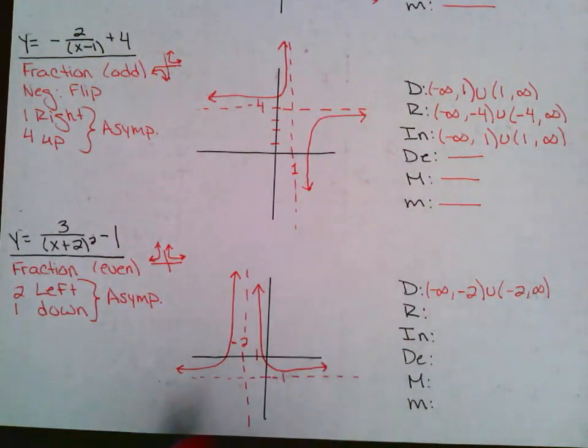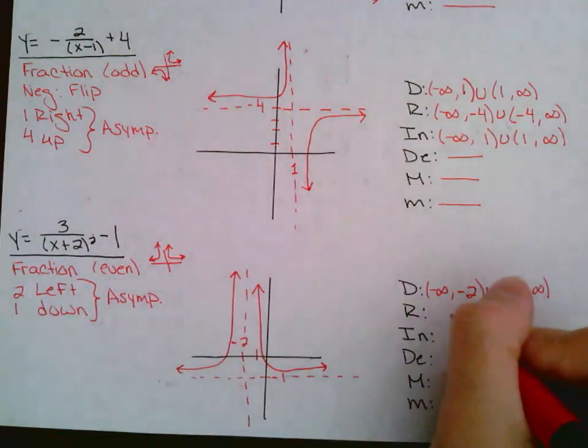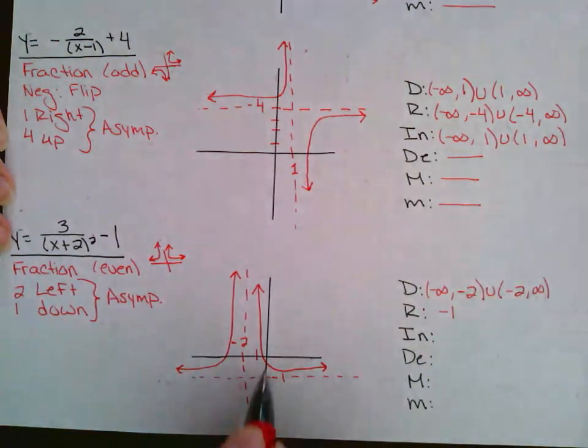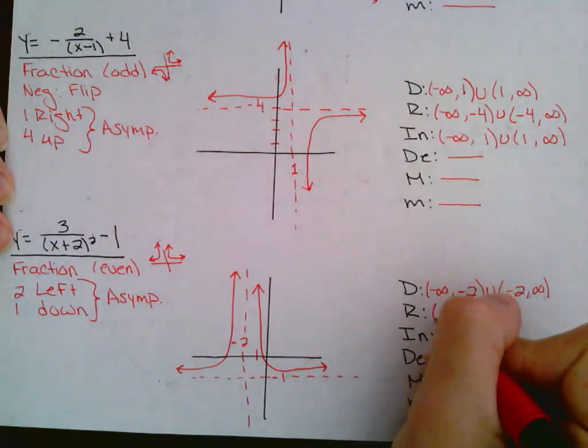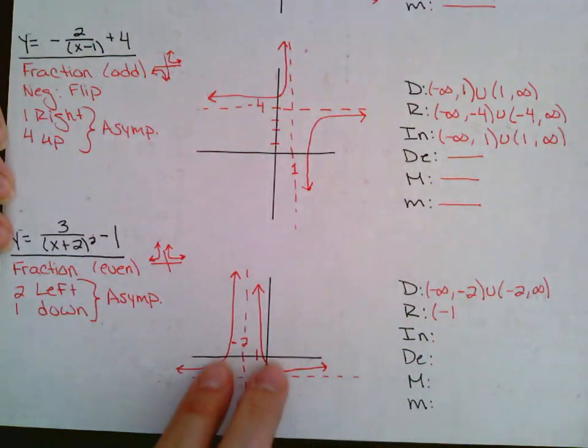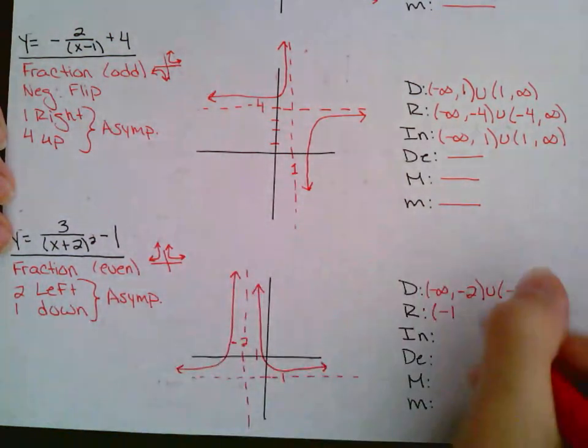Range. Does it always exist forever down below? The answer is no. Okay, there's nothing existing down here. So we do have a barrier at negative 1. Now, remember, asymptotes, we approach them, okay? So I'm going to put a parenthesis. And then from negative 1, it does exist forever upward.